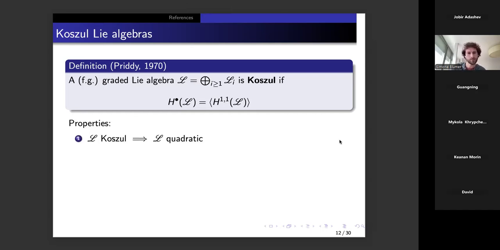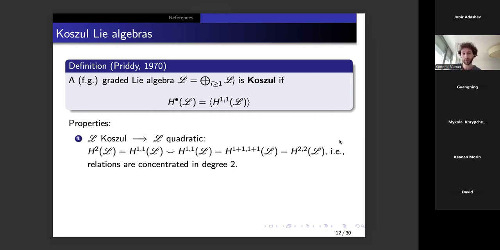Okay, so let's see some properties of Koszul algebras. First of all, Koszul Lie algebras are always quadratic. And this is easy to see because they are, of course, standard, so generated in degree 1, because the H1 is clearly H^{1,1}. And also, it is quadratic. The relations are of degree 2, because the H2 can only be obtained by taking products of elements of degree 1, and the product of elements of degree 1 is an element of degree 2.